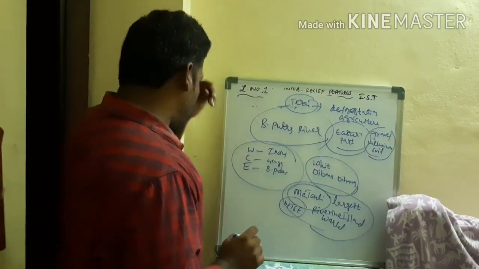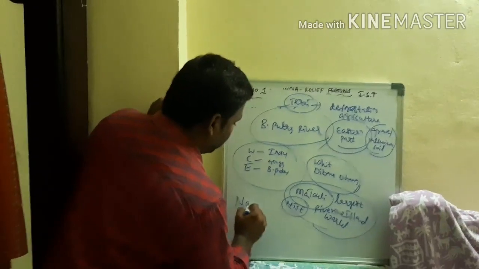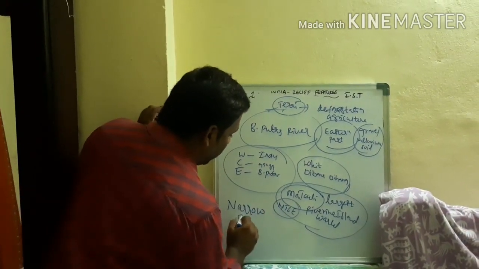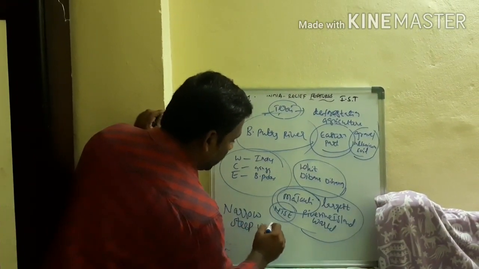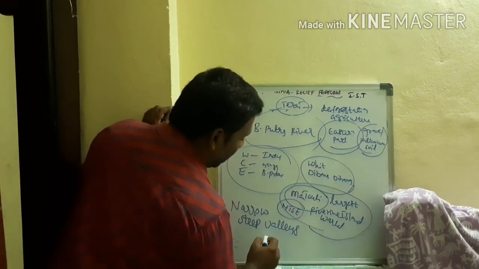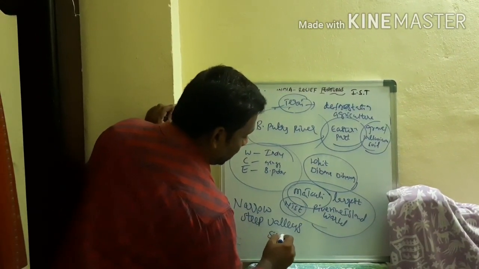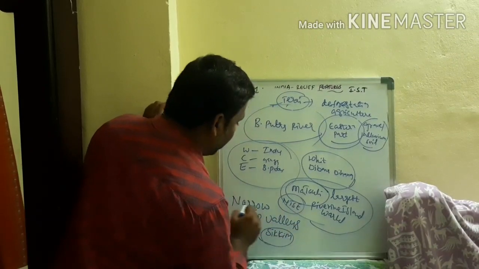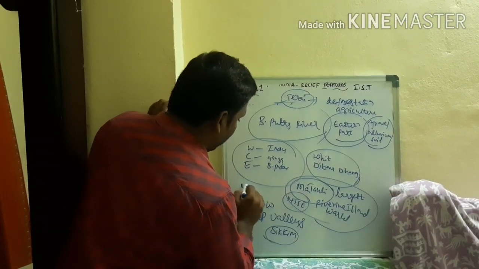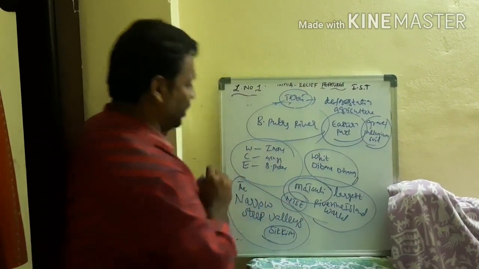And here is one more concept: the narrow steep valleys. Narrow steep valleys are there in which state? Sikkim. See, the narrow steep valleys are located in Sikkim state.